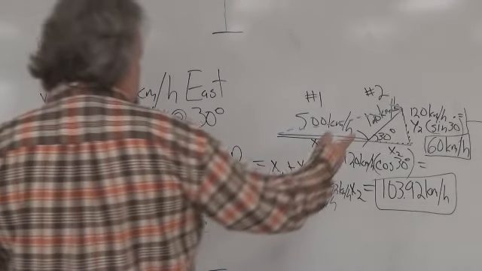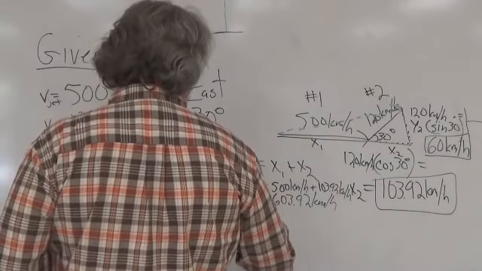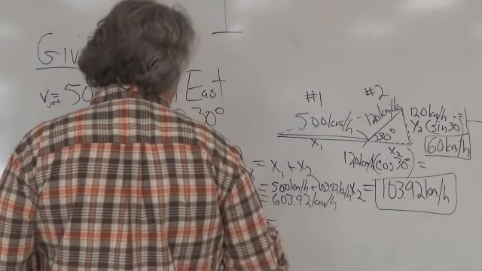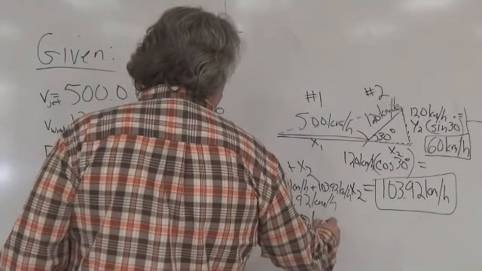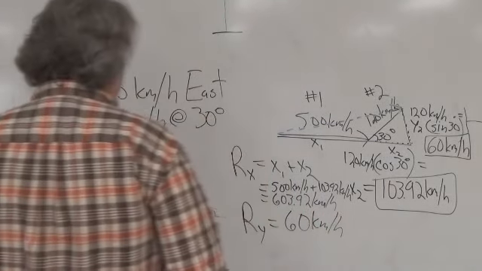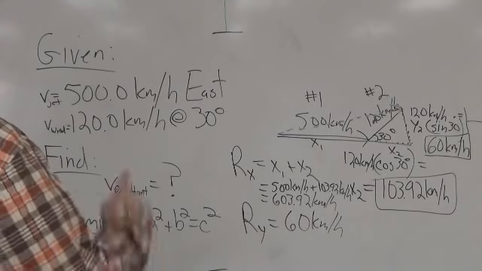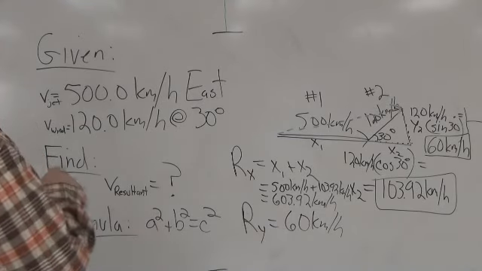Now, you only have one y, but we're going to still call it Ry. And that's going to be 60 kilometers per hour. Now, I'm going to use these instead of a or b.